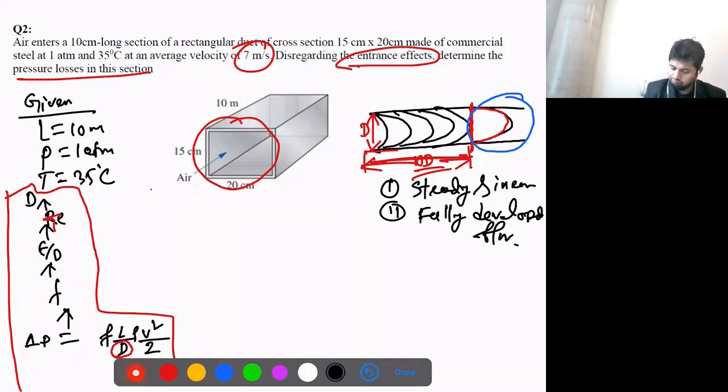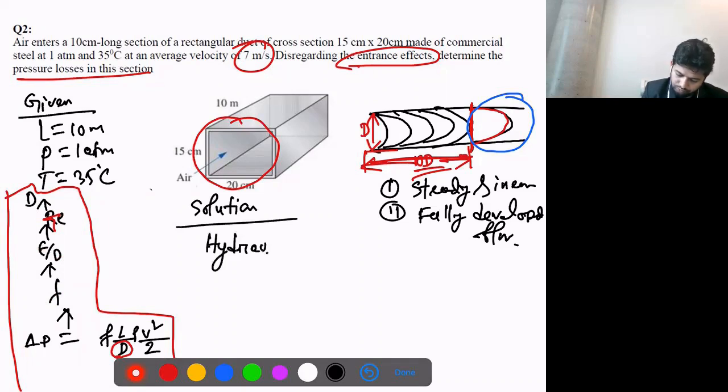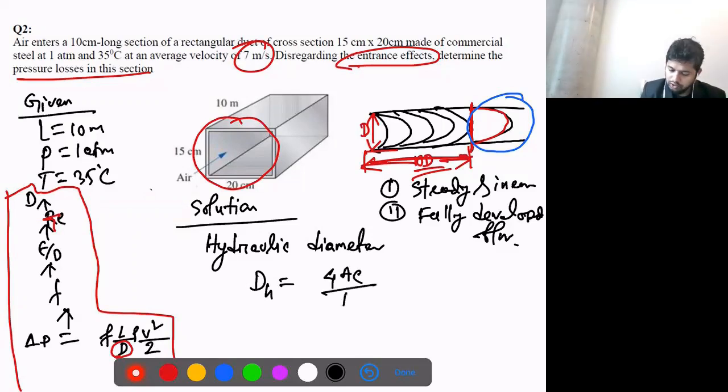So let's start with the solution. Hydraulic diameter. For a rectangle, the formula is D_h equals 4 times area over P, the perimeter.